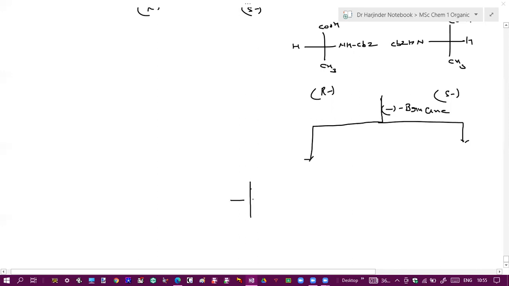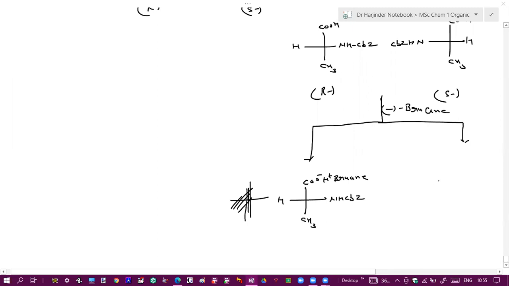Write it in your copy, beta, and make the next scheme yourself. So it becomes COO minus, H positive brucine, NHCBZ, hydrogen and methyl.